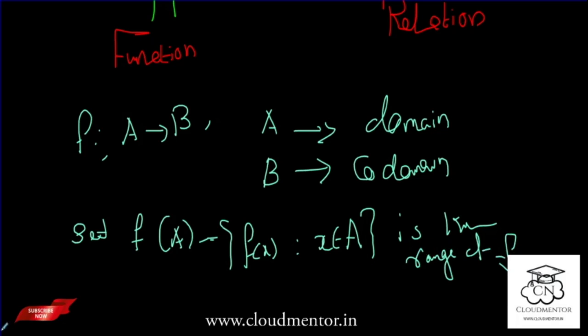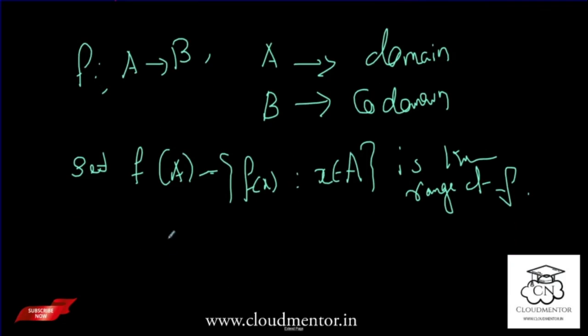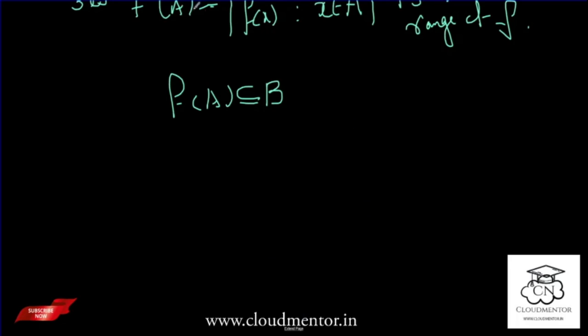Okay, clearly f of A is a proper subset of B. Okay, and for example let A equal to the set 1, minus 1, 2, minus 2.